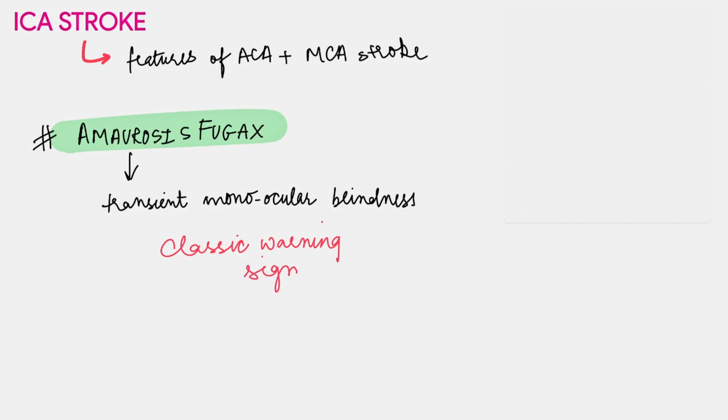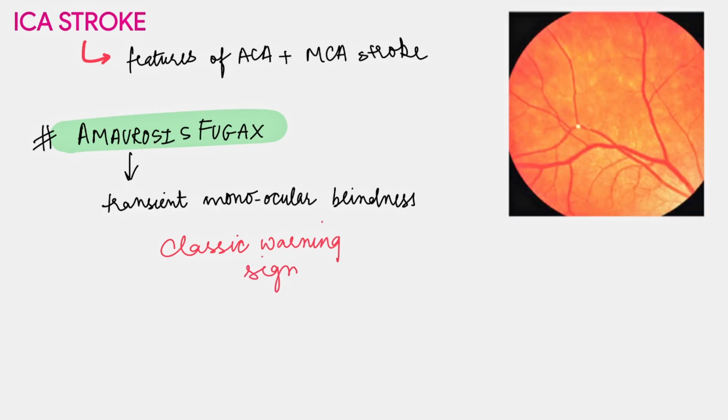In this case, if you look closely at this fundoscopy, you see something called the Hollenhorst plaque. This is just a cholesterol clot. It's a very important clinical sign, Hollenhorst plaque.